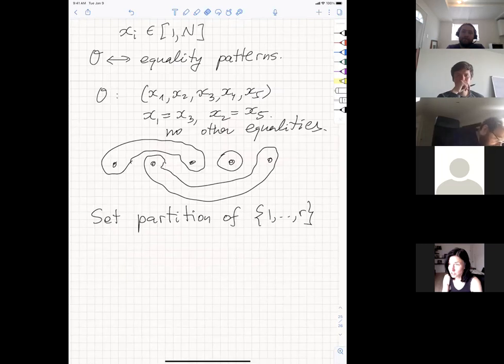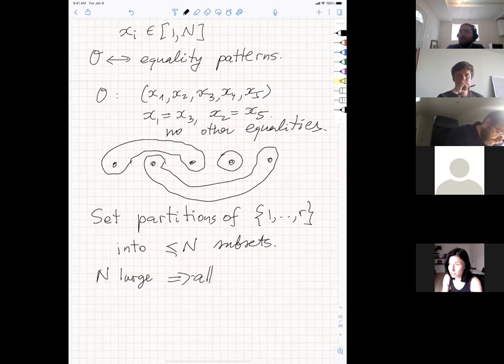And so what arises is set partitions into at most n subsets, because these are level sets of my function, so I can only have n values. But if n is large, then all set partitions occur.